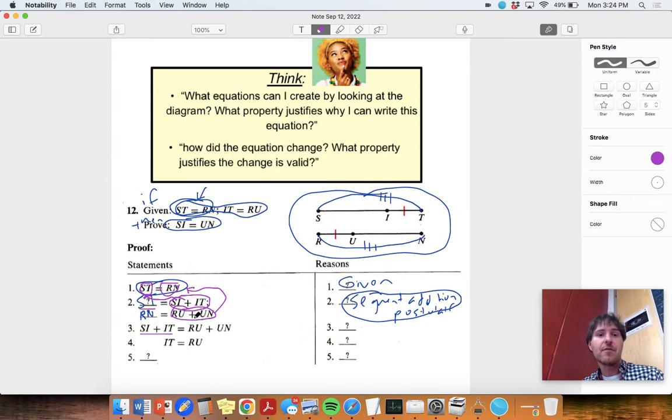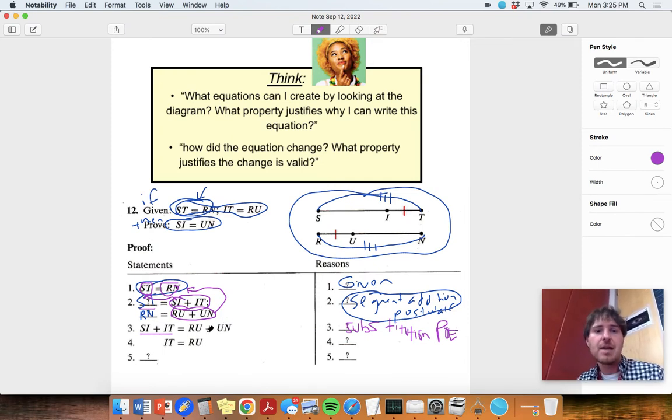So from step 2 into step 1, because I have ST here, and down there RN, I can take what ST and RN are equal to and replace that in equation number 1, and that is the substitution property of equality. Step 2 into step 1.